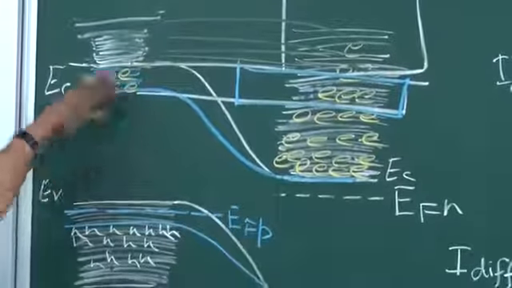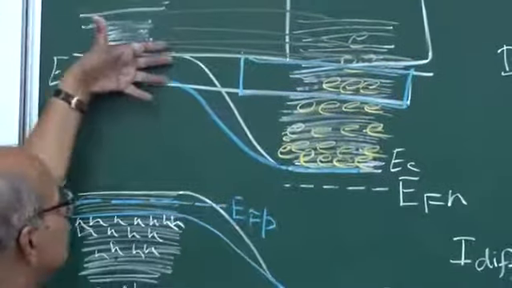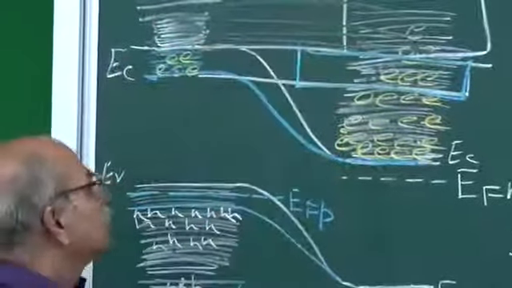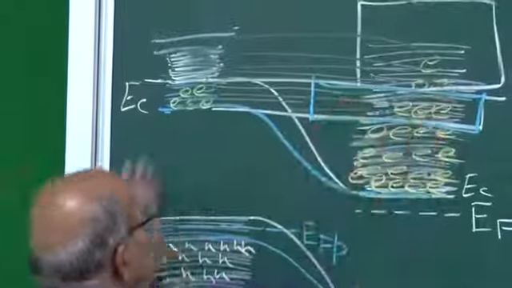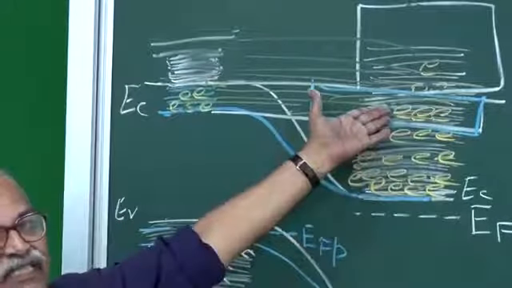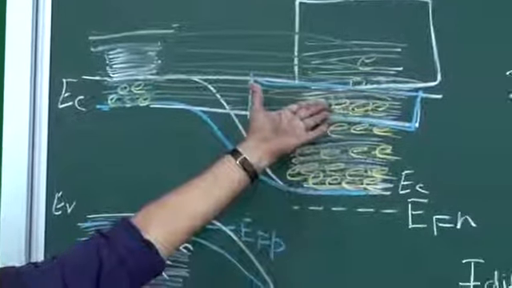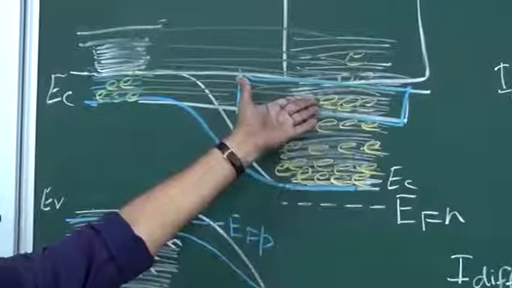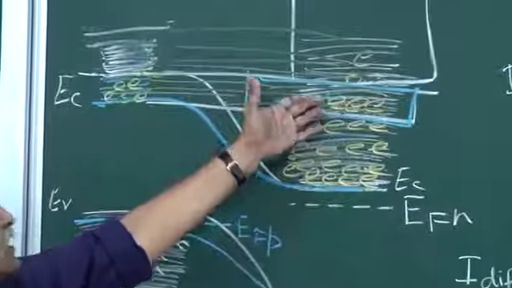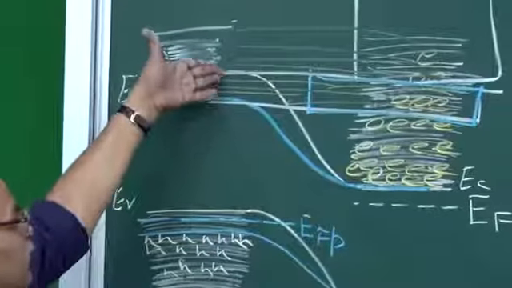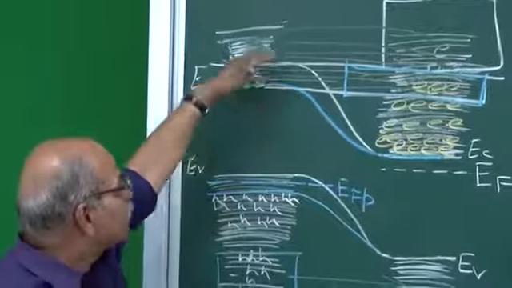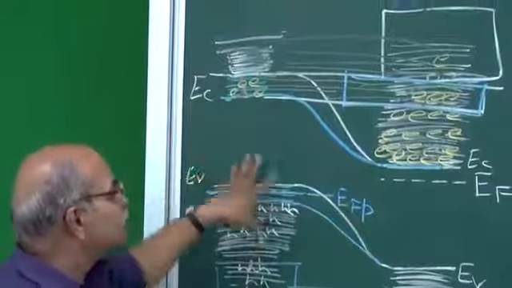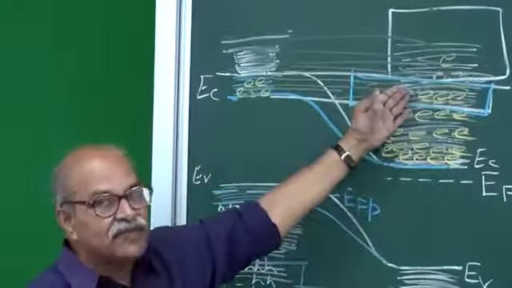If the electric field pushes these electrons to this side, there is no problem. You have quantum states all over here, and therefore they can go in the same fashion. So for drift of minority carriers, this change in the potential barrier or energy barrier, or shift in this band, is not going to affect.